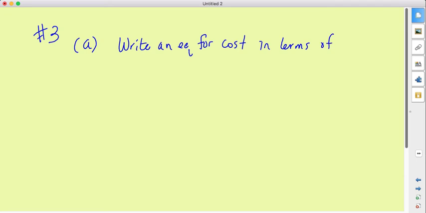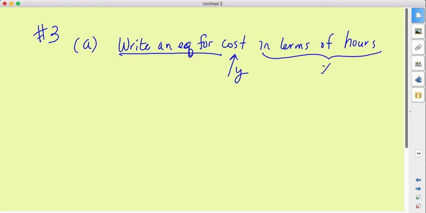How do you know which one's Y? Whatever it says write an equation for, that's Y. When they say write an equation for cost, that's Y. Always. Whatever they say in terms of always means that's your X. So cost is Y, hours are X.